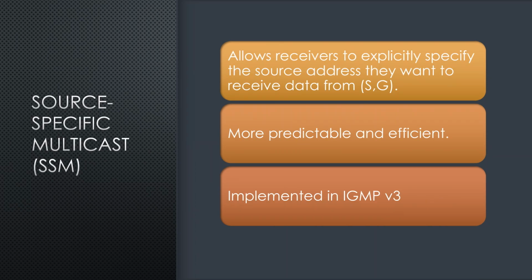Source-specific multicast is a feature that was introduced in IGMP v3, and what that does is it allows a receiver to specify which sender of a specific multicast group that it's interested in. So in IGMP v2, the receiver simply says, I want multicast group 239.1.2.1, and if there are multiple senders sending to that same group, both of them will be sent to that receiver.